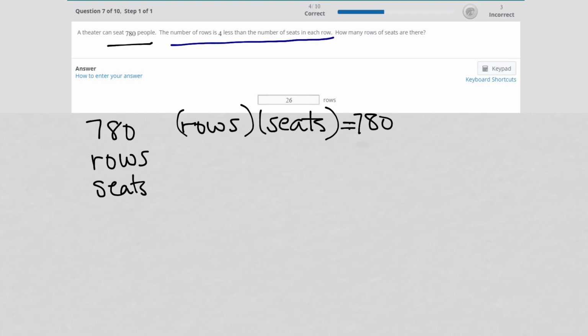The number of rows is, I'm going to call rows R. R is equal to 4 less than the number of seats in each row. I'm going to call seats S. So that's S minus 4. So again, if I look up here at this equation, I have rows times seats.